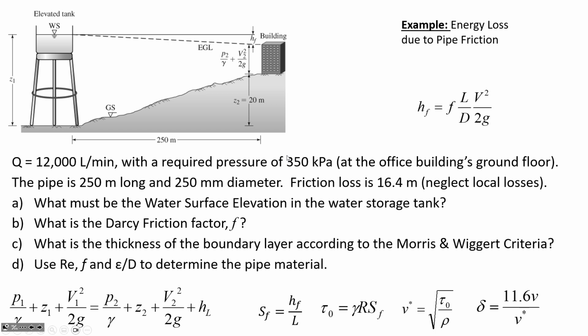So Z1 is equal to 350 kilonewtons per meter squared, and then the unit weight of water, we're not given any particular temperature, we'll just use the standard 9.81 kilonewtons per meter cubed. That's the unit weight of water. All right, plus Z2 is 20 meters.